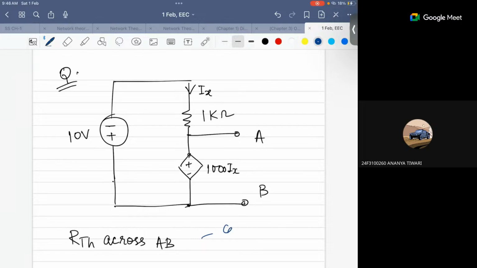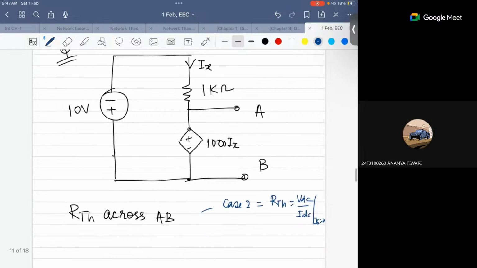R Thevenin as VDC upon IDC. There is only one independent source, which is just short circuited. So after this you get a short circuit, and now you have a pretty simple circuit. Now you have to calculate R Thevenin. Once you short circuit, you just need Ix.